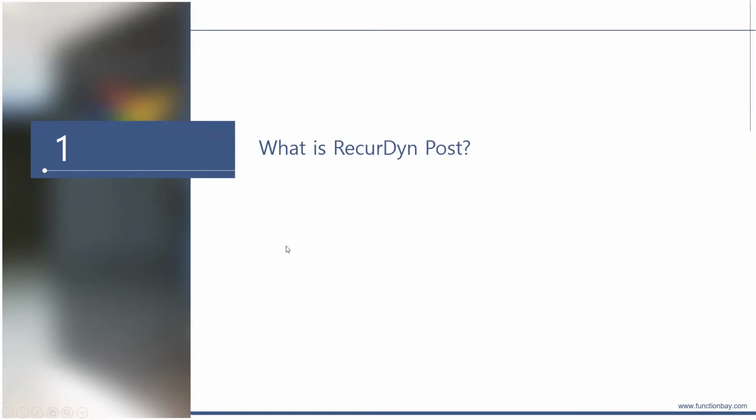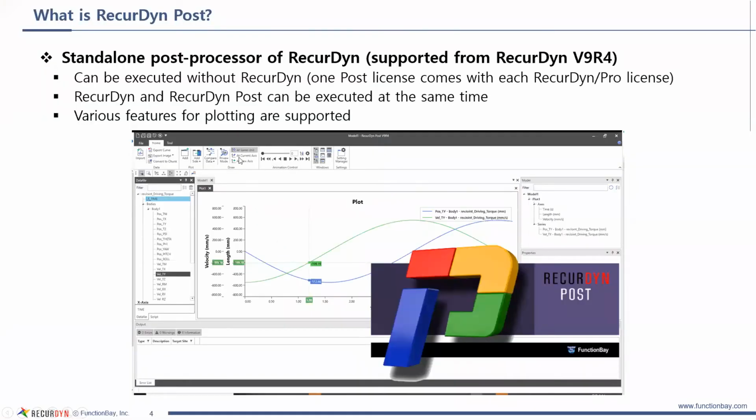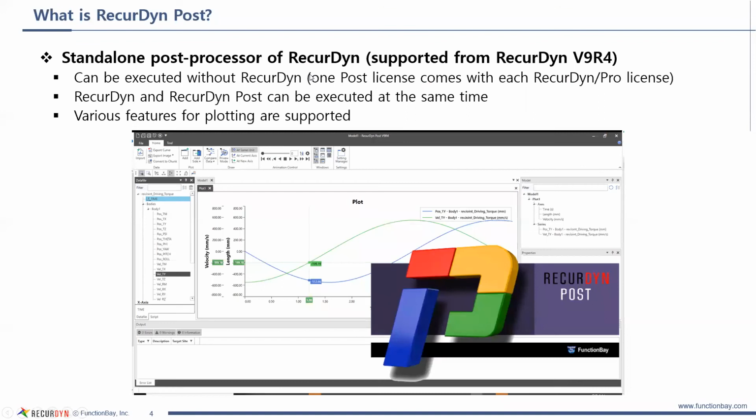So what is RecurDyn Post? RecurDyn Post is a standalone post processor of RecurDyn, and it's now supported with this latest version of RecurDyn V9R4. And it can be executed without RecurDyn. As far as licensing is concerned, one post license comes with each license of RecurDyn Professional.